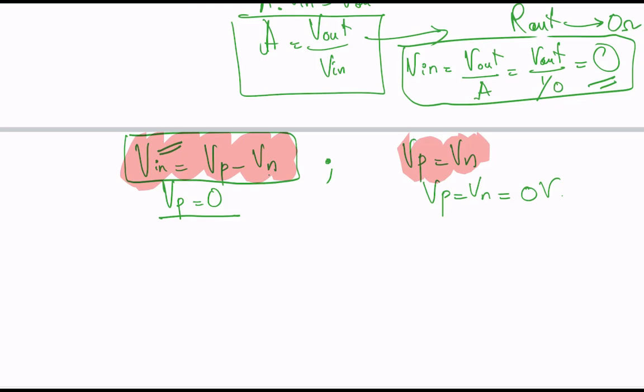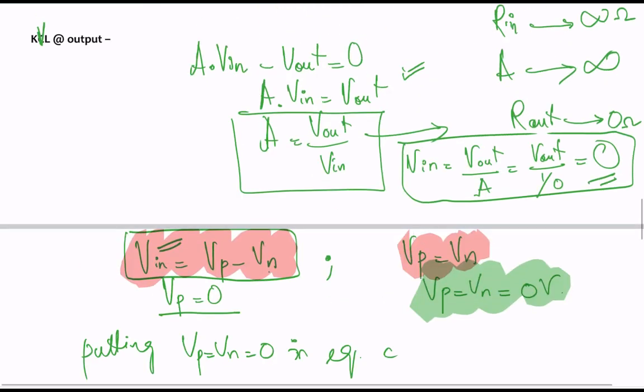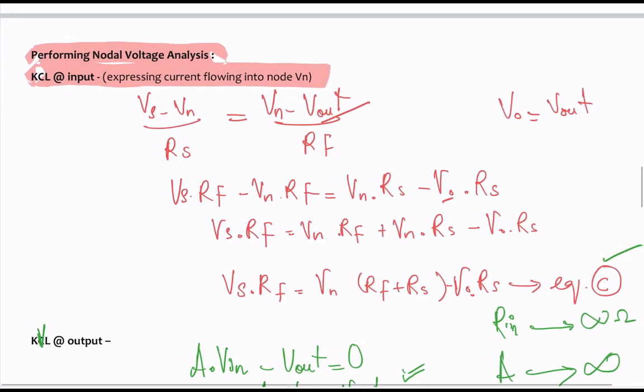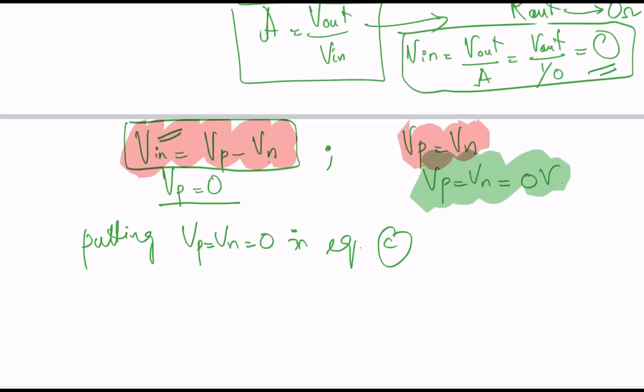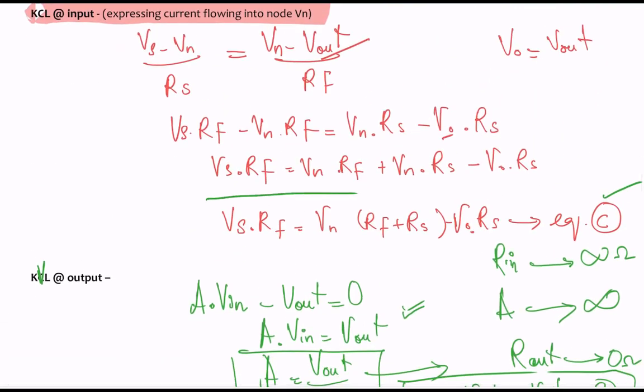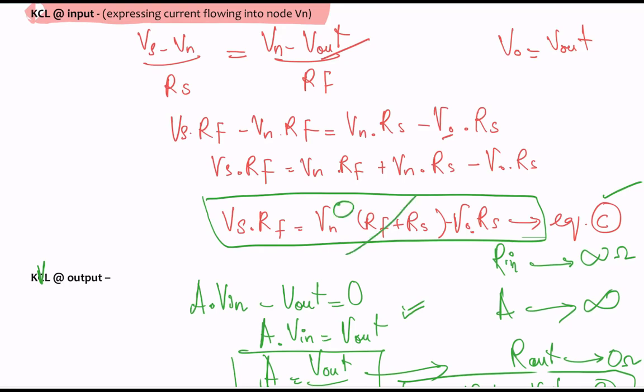So I am going to plug this piece of information that I have over here, that VP and VN equal to 0, in equation 1. So putting VP and VN both equal to 0 in equation, I believe it was C, right? Yeah, this was C. So in C, now let's look at this equation. Because Vn is 0, that means this whole term will be 0, right? And then I would have basically these two terms on each end of the equals sign, right?